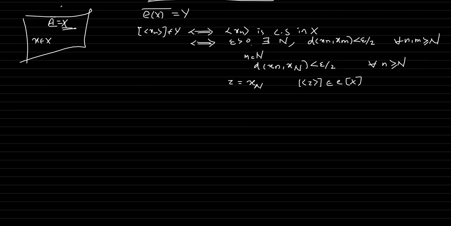By the definition of the isometric embedding E, we have E of z is equal to this class. That's why this class belongs to E of X. Now z is equal to xN. Then we can rewrite these things as for any epsilon greater than 0, there exists an N such that d of xn, z is less than epsilon by 2 for all n greater than or equal to N.